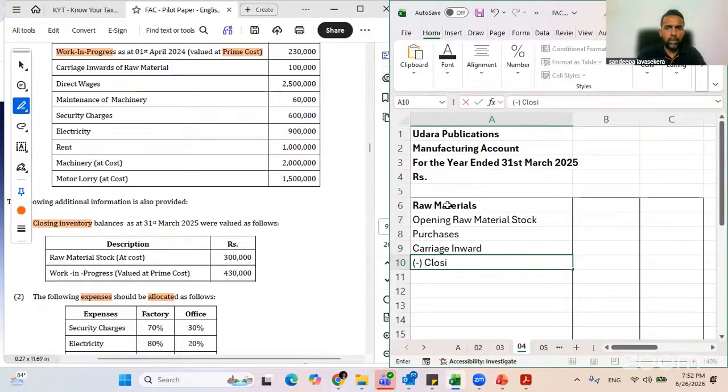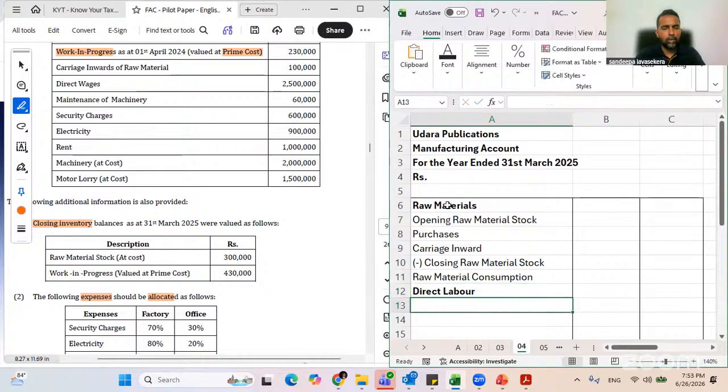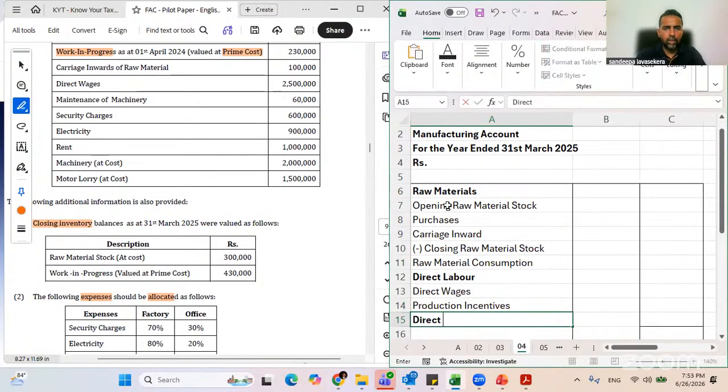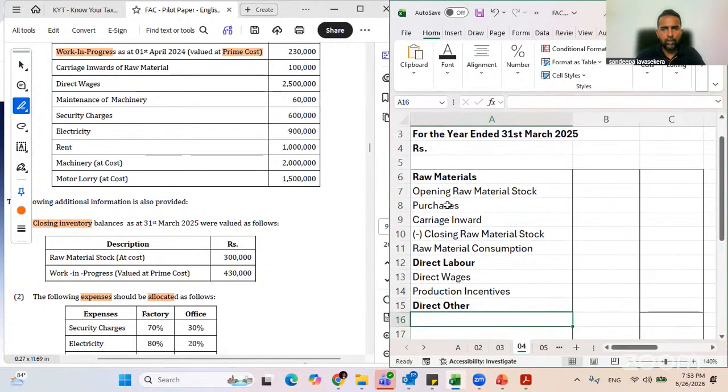Deducted closing raw material stock. Then we are arriving at raw material consumption. Then you have the direct labor, the direct wages, and production incentives, direct other. Then you have the prime cost.